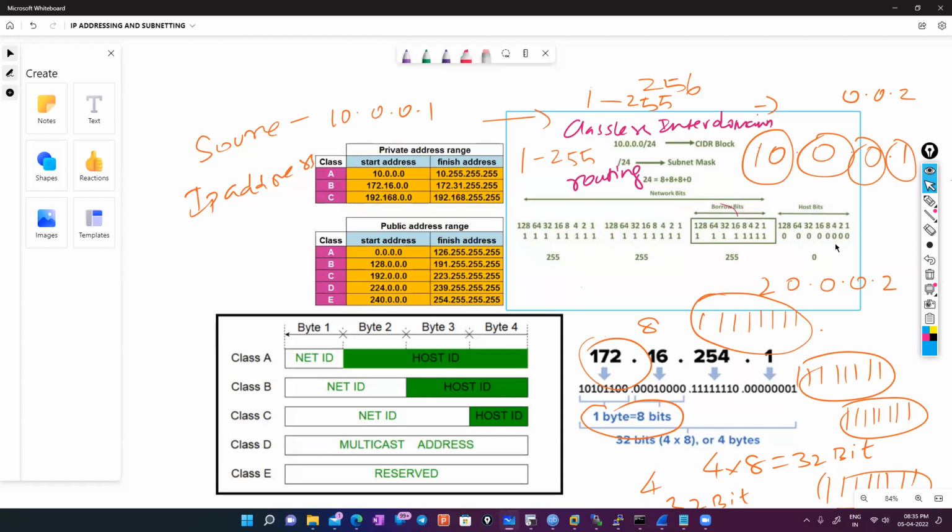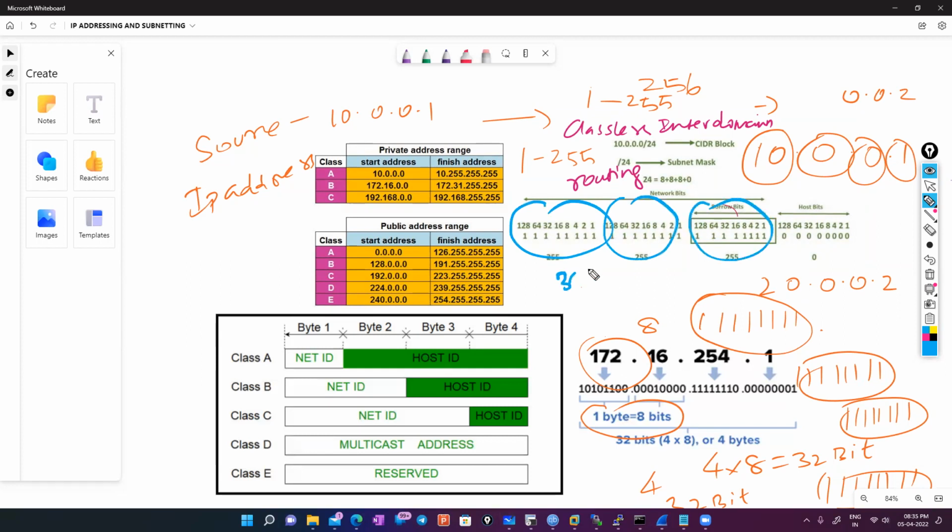But here, for the host bits, if I make it a /24, what do you mean by /24? All these 3 octets, right? 1, 2, 3. 3 times 8 is 24. So that's the meaning of this. The first 3 octets are for the network. That is not used for hosts. How do you represent that?